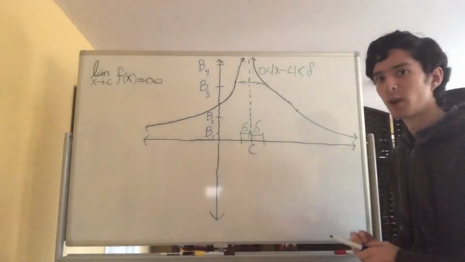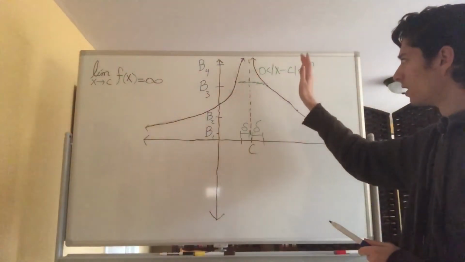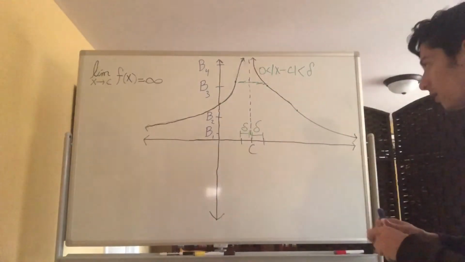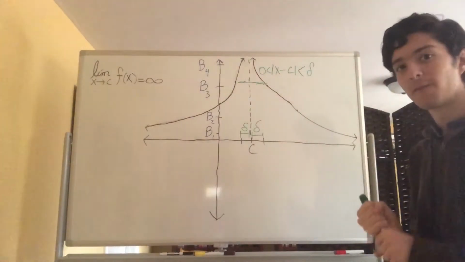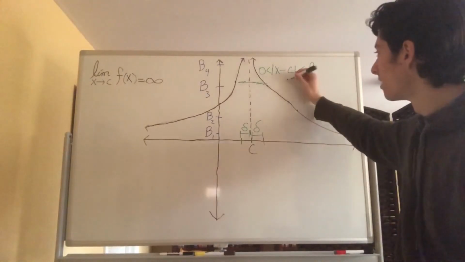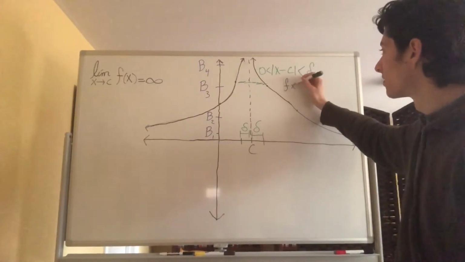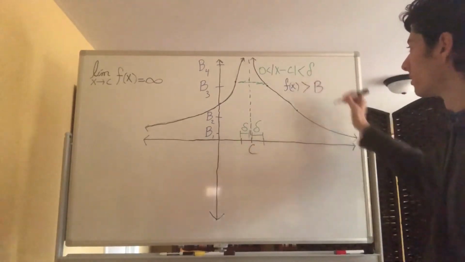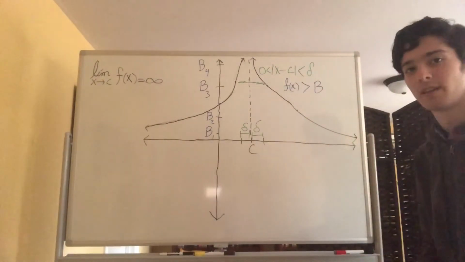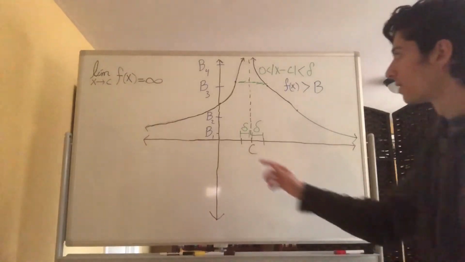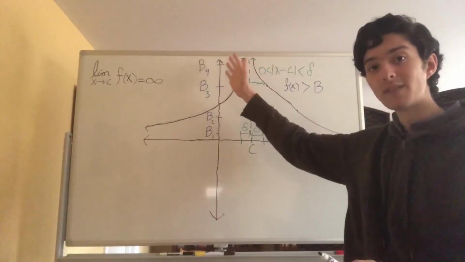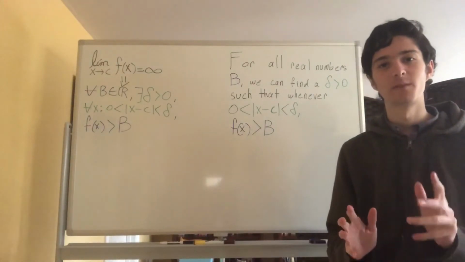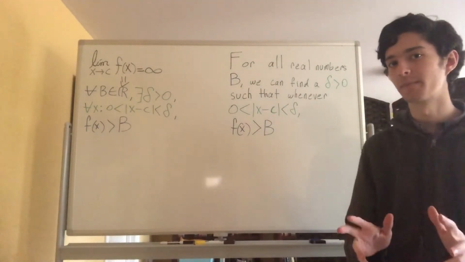And we say, well, given this condition for the value of x, therefore, f of x is greater than b. And we can do this for all b values.